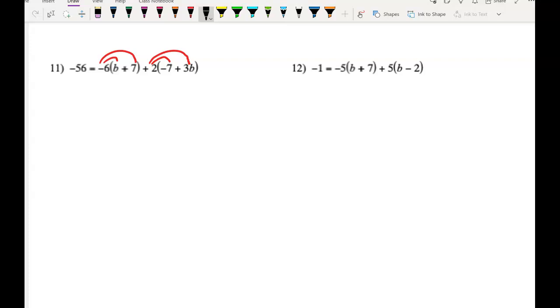So here we would have negative 56 equals negative 6 times b would give me negative 6b. Negative 6 times positive 7 would give me a negative 42. 2 times negative 7 would give me a negative 14. And 2 times 3b would give me plus 6b.